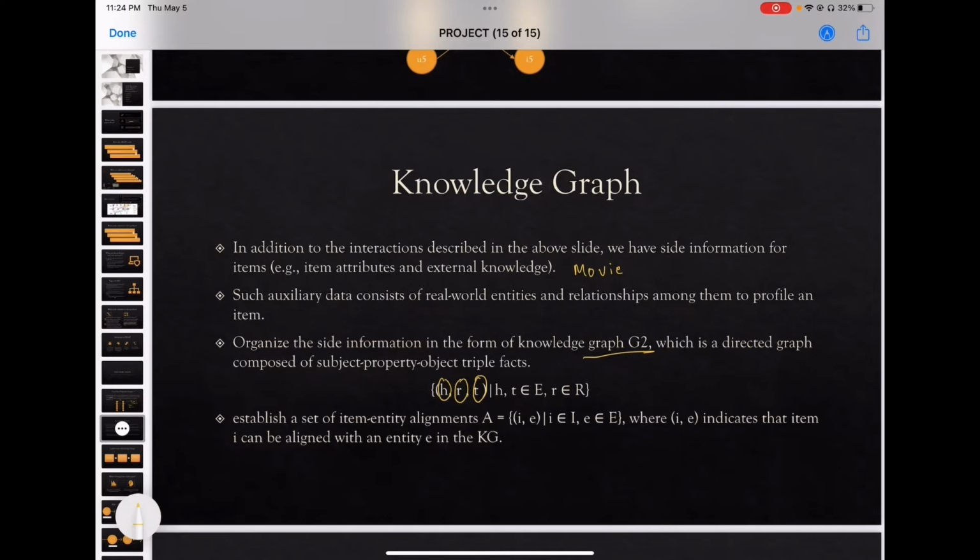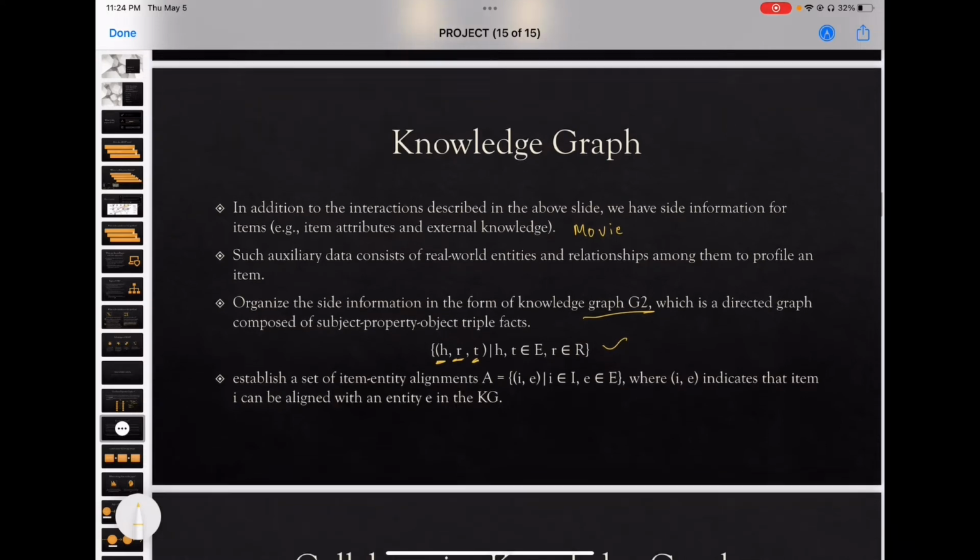Formally, it is represented as shown in this expression, where each triplet describes that there is a relationship R from the head entity H to the tail entity T. For example, Hugh Jackman is actor of a movie called Logan. This is embedded into this expression as H taken for Hugh Jackman, R as the actor of, and T will be Logan.